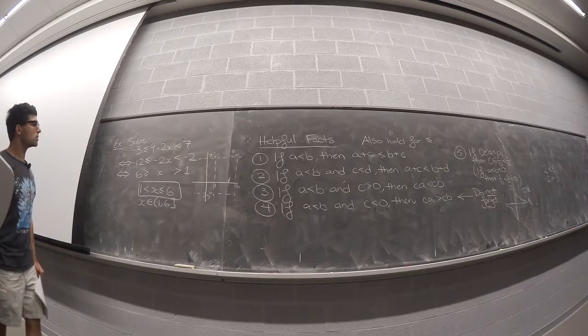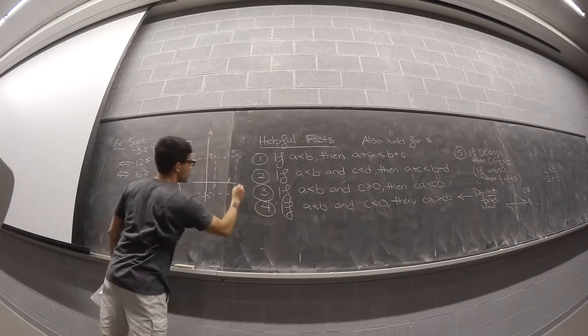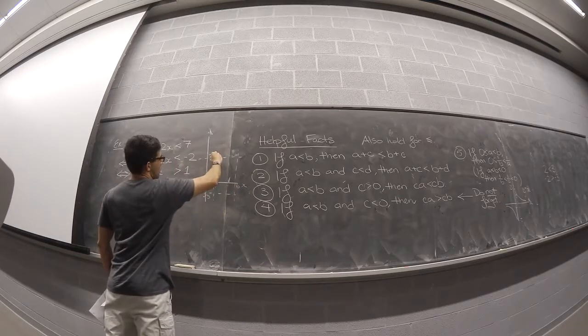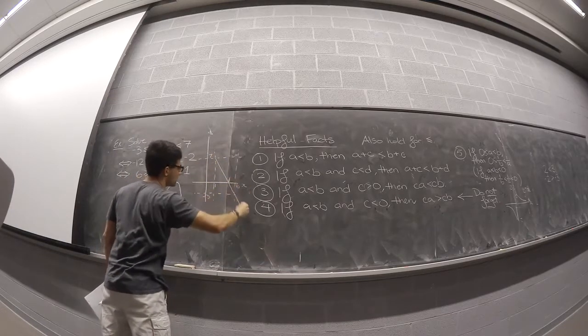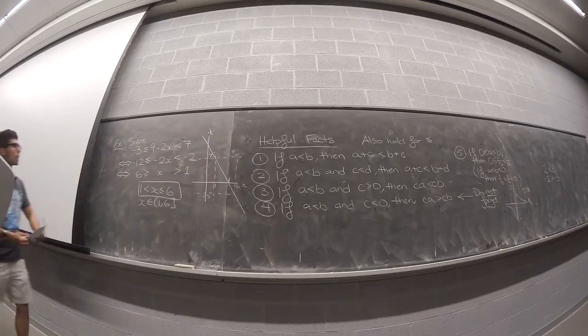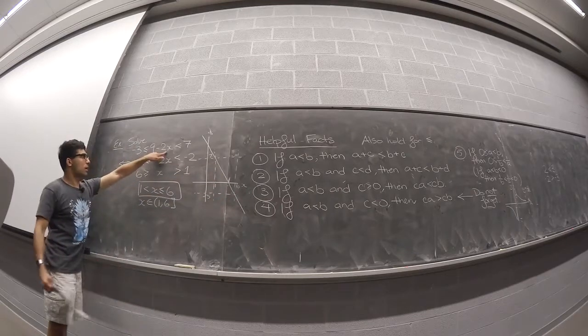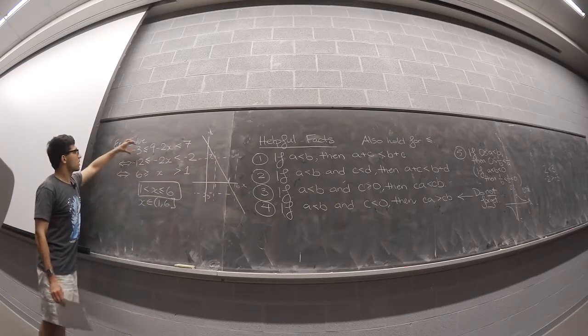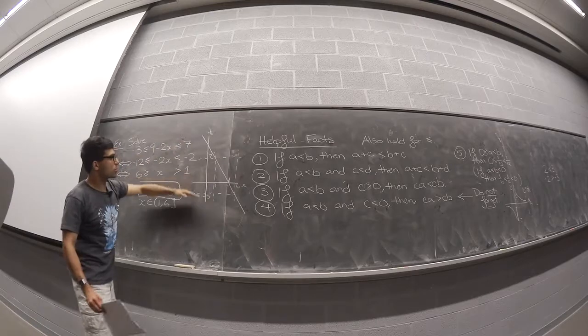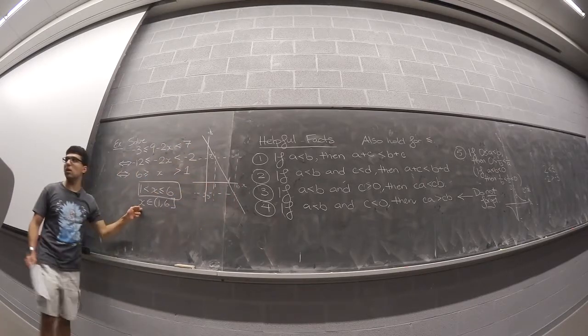Probably not to scale. Y, x. This is the graph of y equals 9 minus 2x. We want that thing to be between minus 3 and 7, so between these two lines, and that just maps to x being between 1 and 6. Ta-da. Good?